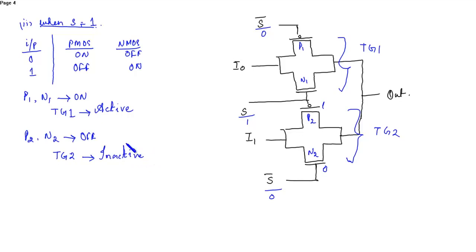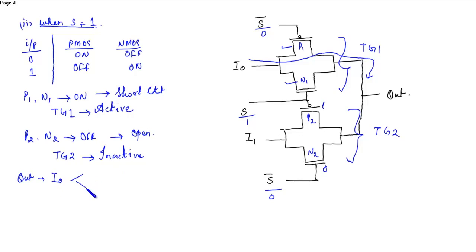Okay. Now when transmission gate 1 is active, then the input I0 will pass to the output, since these two will be short circuit. On means short circuit, off means open. So at out we obtain I0.